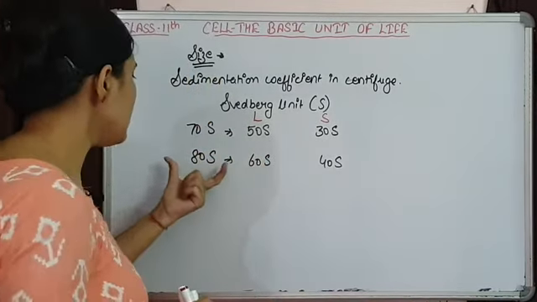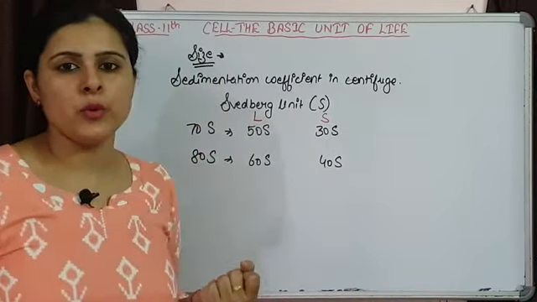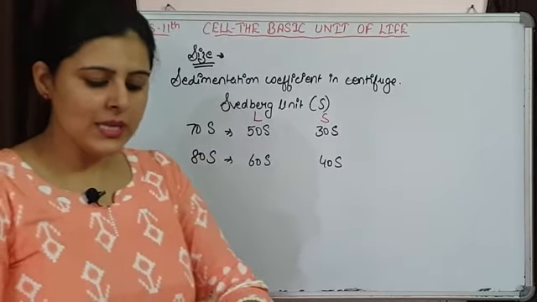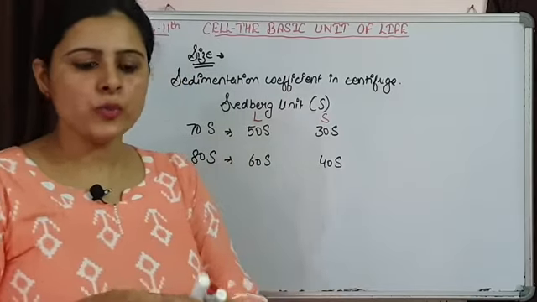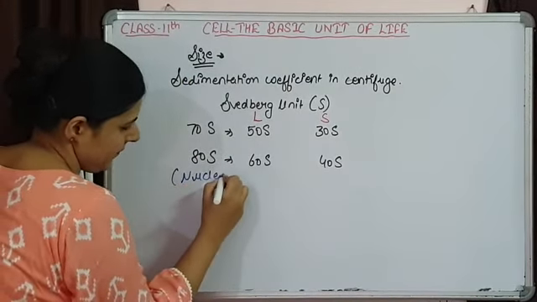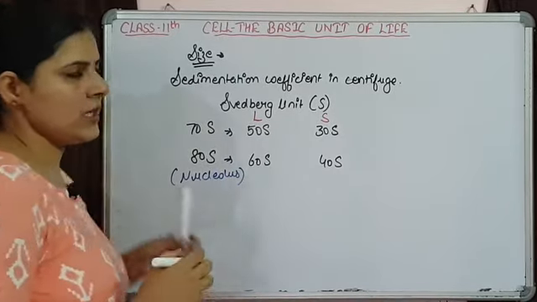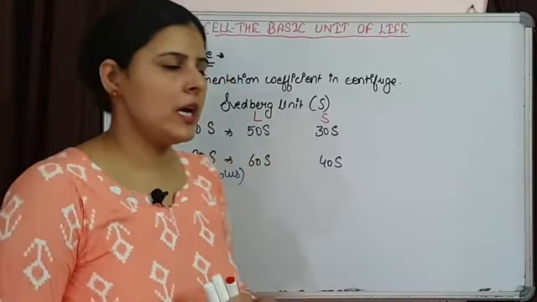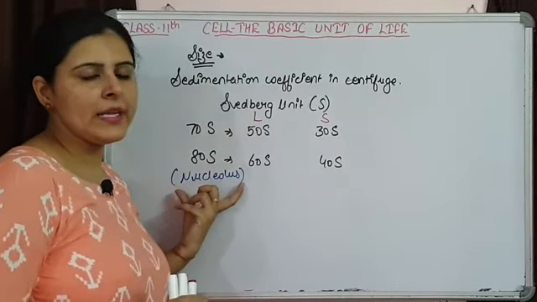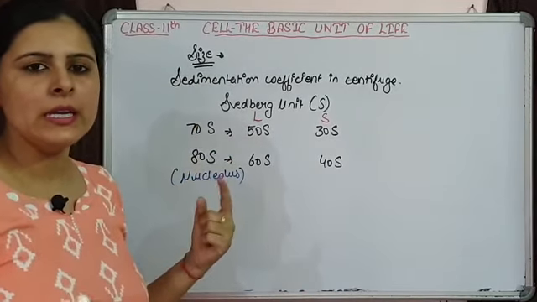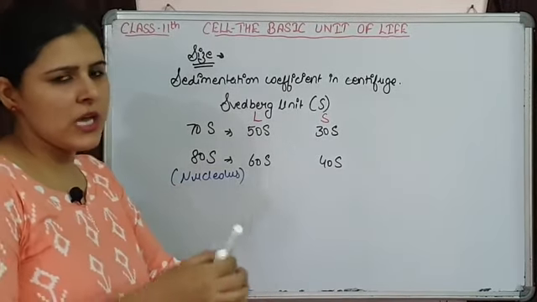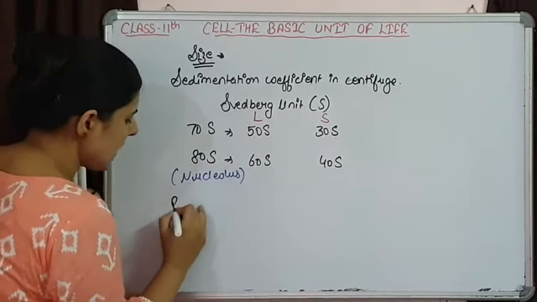Now if we talk about the 80S subunits, then all the components of these 80S subunits are going to be formed in the nucleolus. क्या चाहिए हमें? RNA चाहिए. They are made up of RNA and proteins. So all the RNA that are involved in the 80S subunit are going to form in the nucleolus and proteins are obviously going to form in the cytoplasm.